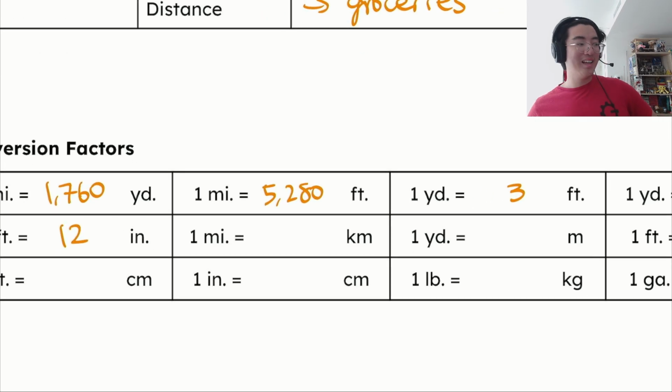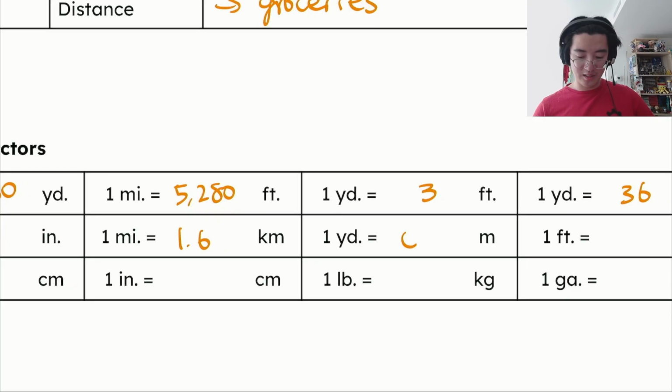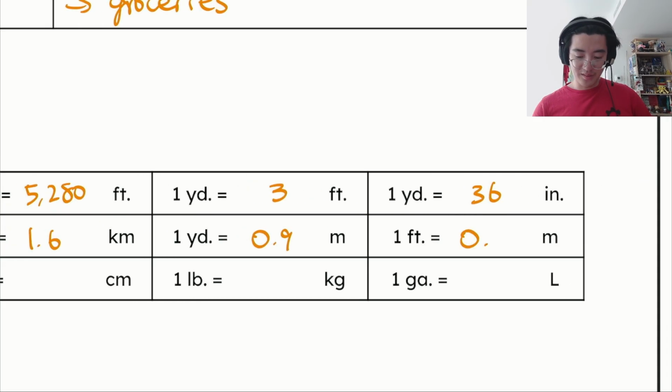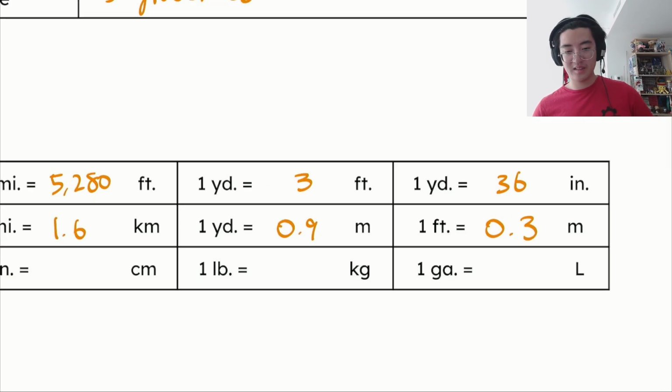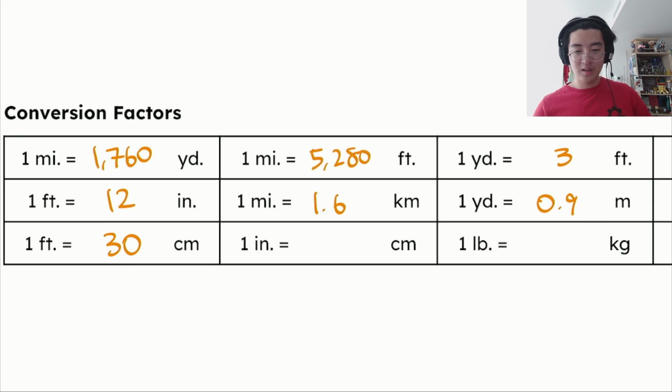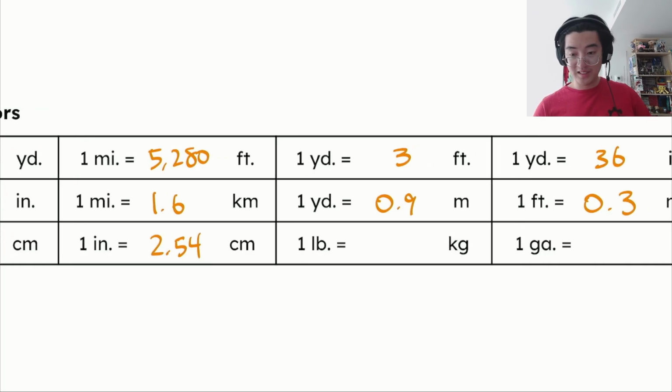Okay, here comes the fun fact. How about metric and imperial? 1 mile is around 1.6 kilometers. Again, this is rough, it's going to be a decimal. 1 yard is around 0.9 meters, so almost 1 meter. 1 foot is around 0.3 meters, which means that 1 foot is around 30 centimeters. 1 inch is around 2.54 centimeters. 1 pound, this is the most annoying one for me, is 0.454 kilograms.